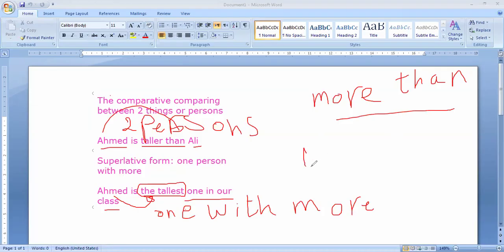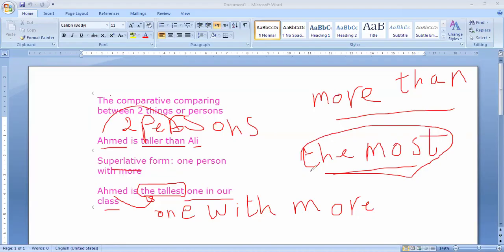In the superlative form, for adjectives with more than one syllable, we say the most. Okay, this is the difference between more than and the most. The most is used when we talk about superlative.